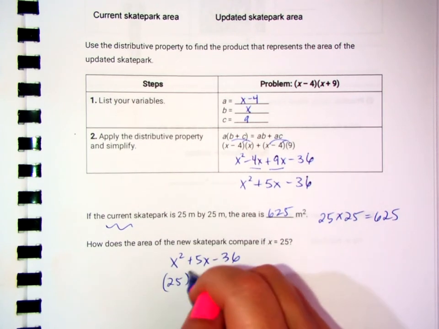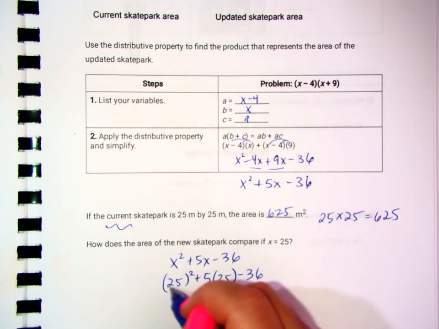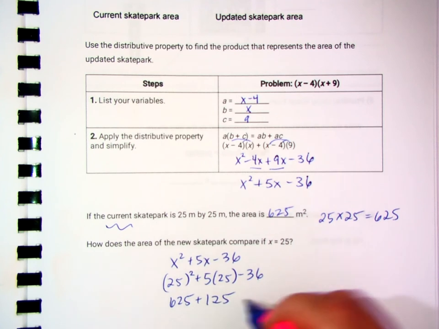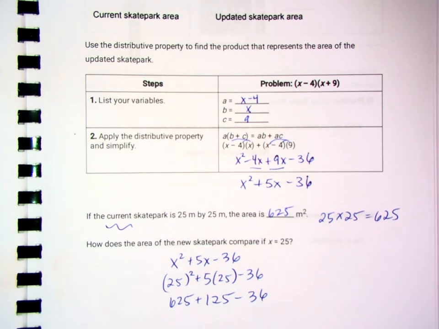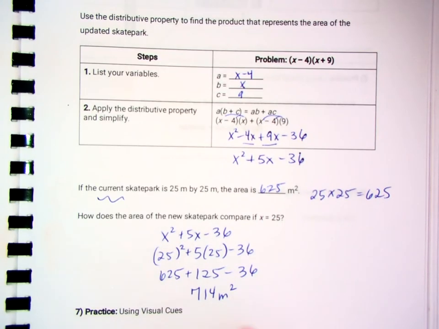We're plugging in 25. 25 squared is 625, 5 times 25, and then I'm going to grab a calculator and add that all up. 625 plus 125 minus 36, and I get 714 meters squared.